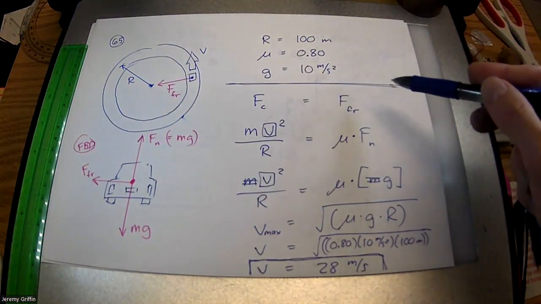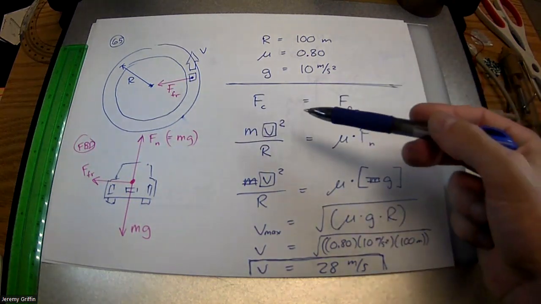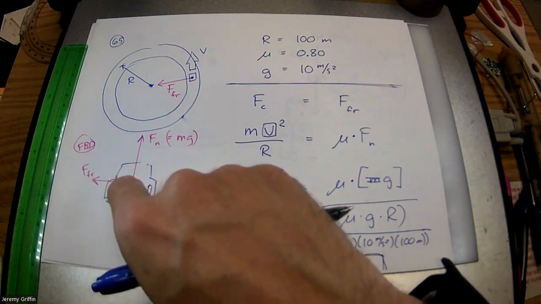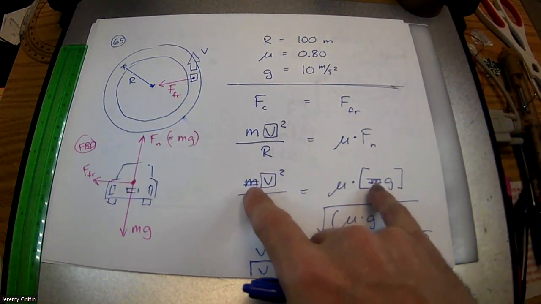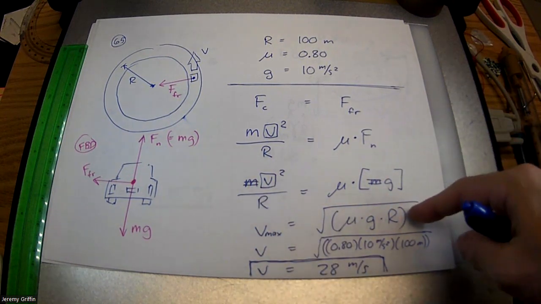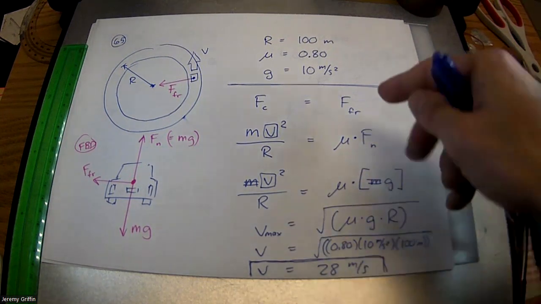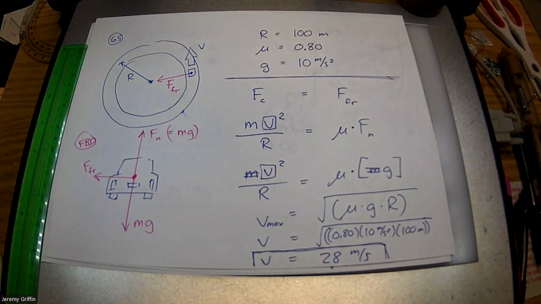And then we made some substitutions because you guys know from your lab, this is an expression for centripetal force, which has the V that we're ultimately solving for. And friction force, well, that's coefficient of friction times the normal force. Normal force was equivalent to the weight. And at this point, the mass cancels out. We went ahead and solved it in terms of variables because we were so close to doing that anyway. So this expression works for everybody. Then just plug in the numbers that they gave you. How fast can the car go?